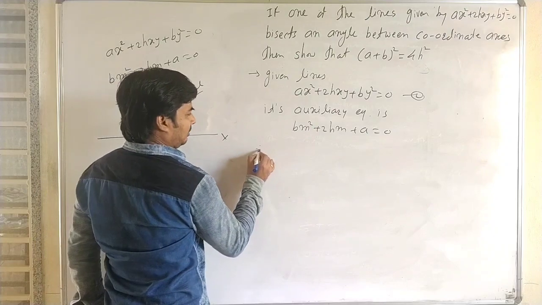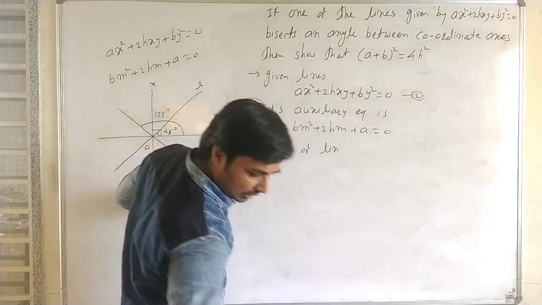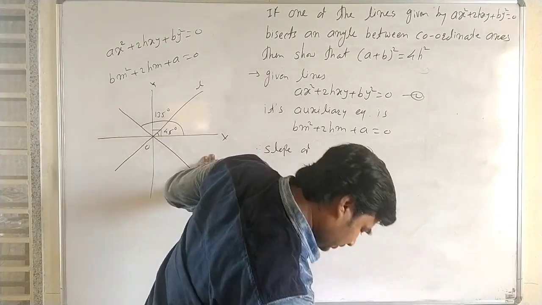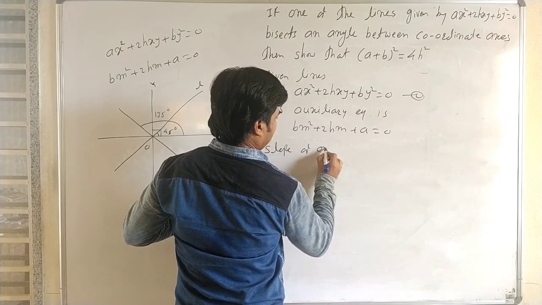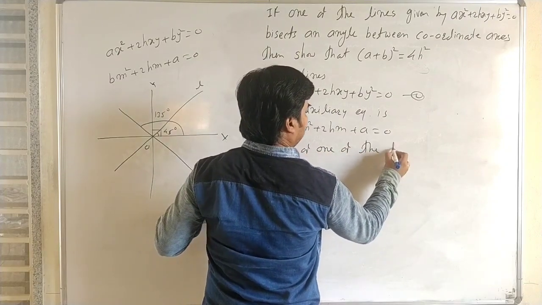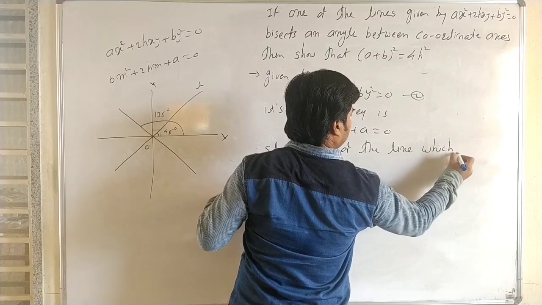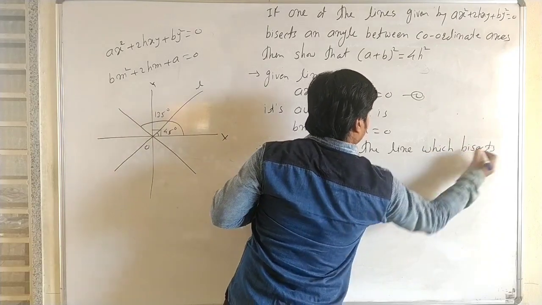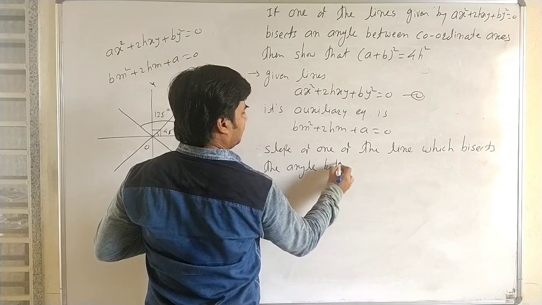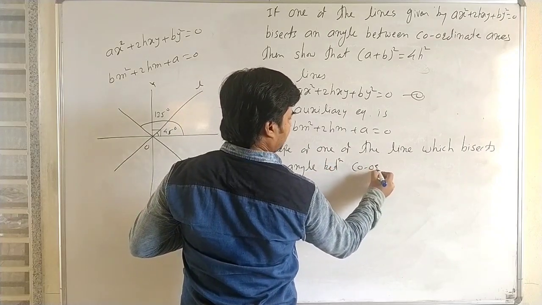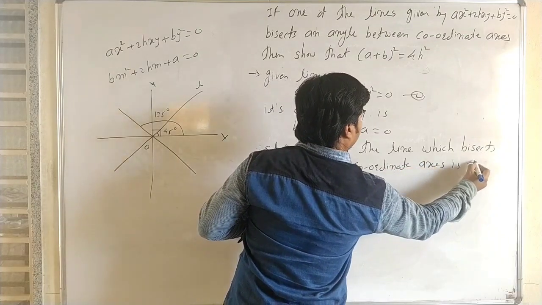Therefore, the slope of one of the lines which bisects the angle between the coordinate axes is plus or minus 1.